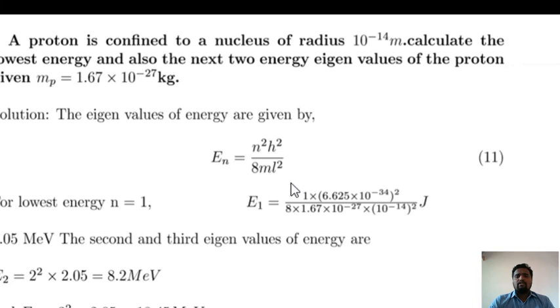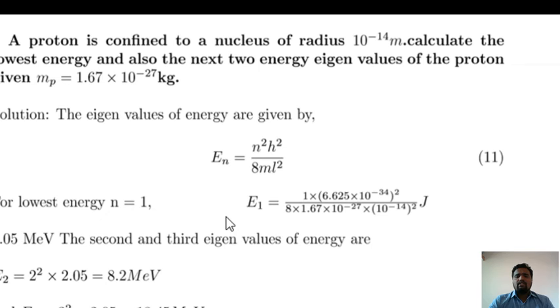In this problem also we have to use the same energy expression, En is equal to n square h square divided by 8 m L square. Here for the ground state, the lowest energy state, we substitute n equal to 1. The next two energy eigenvalues correspond to n equal to 2 and n equal to 3.